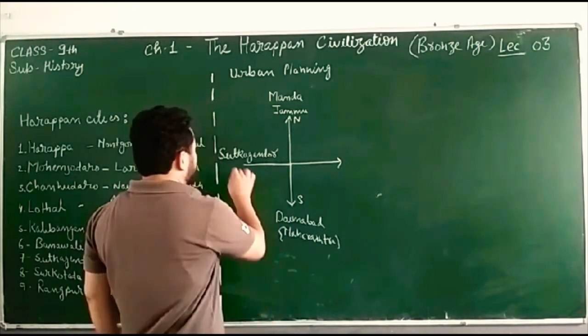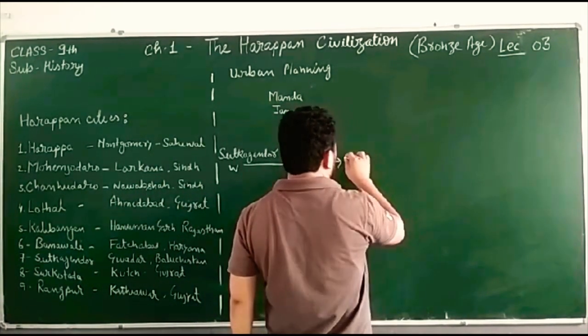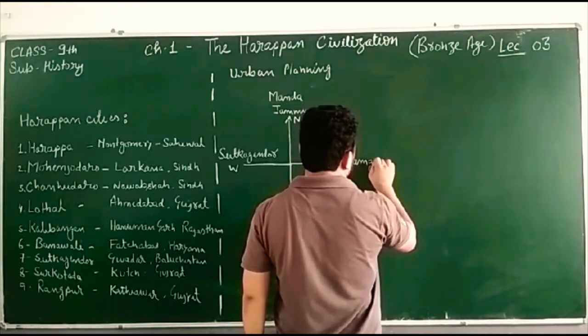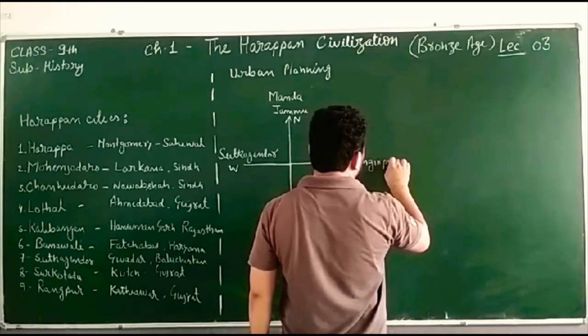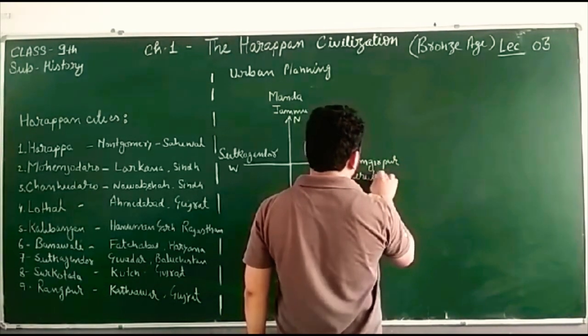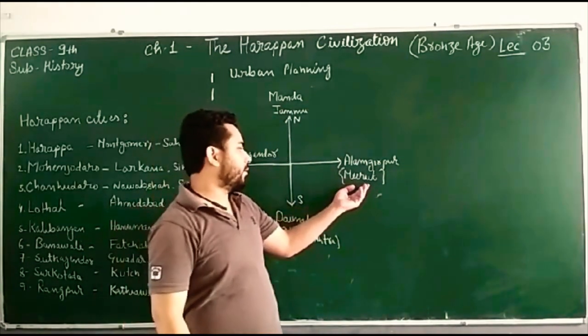It was the westernmost province, and here Alamgirpur, which is in UP, Meerut, near Hindon River, right?